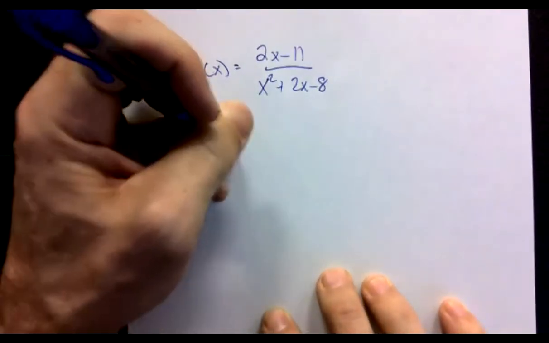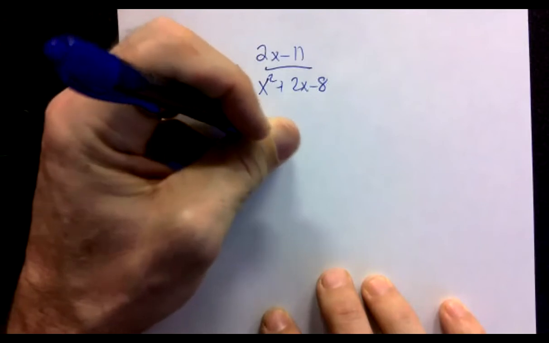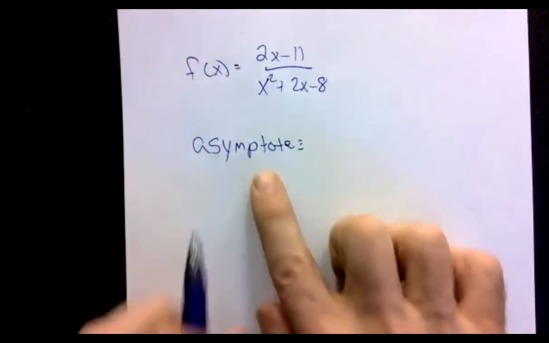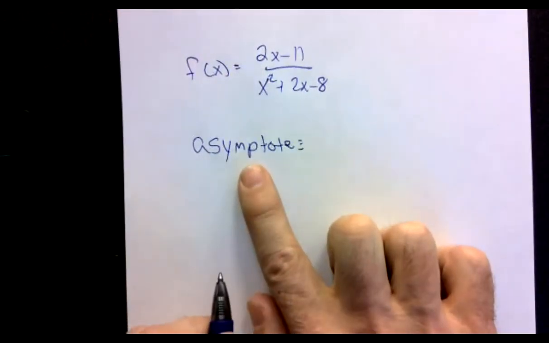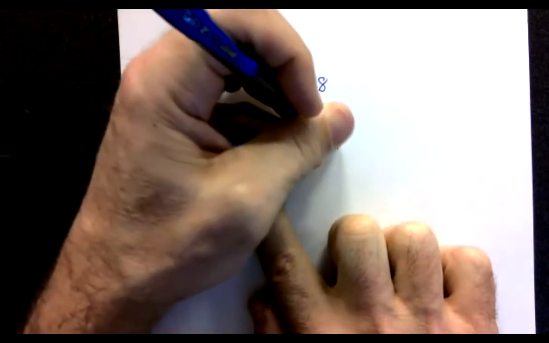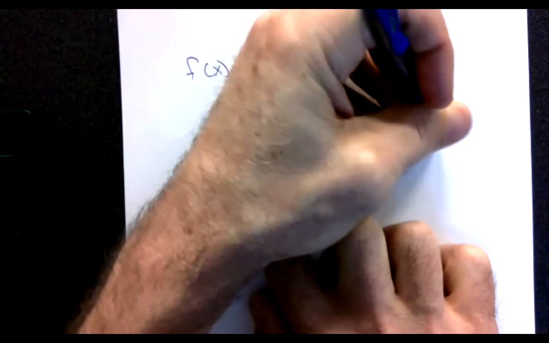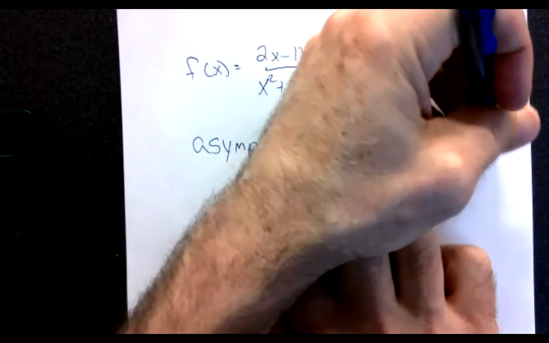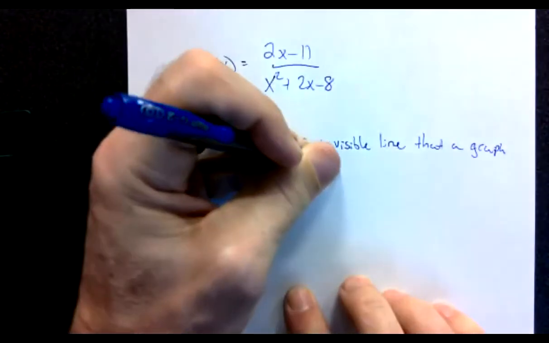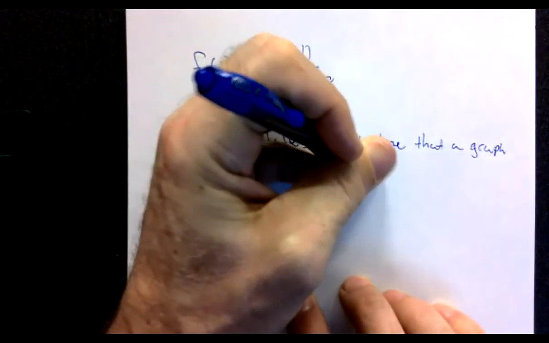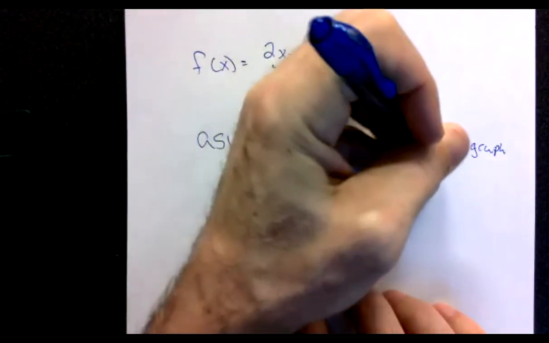A word that I've talked about a couple of times, and I don't remember if I've defined it or not, is an asymptote. An asymptote is an invisible line that a graph will approach but not cross.